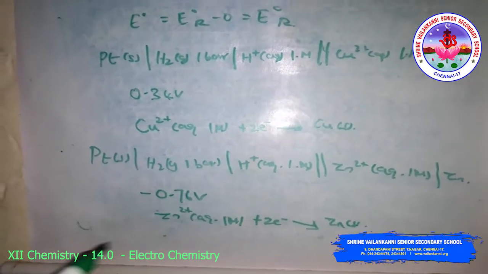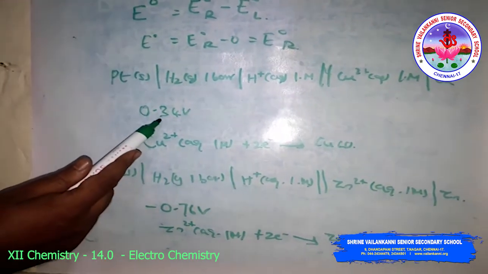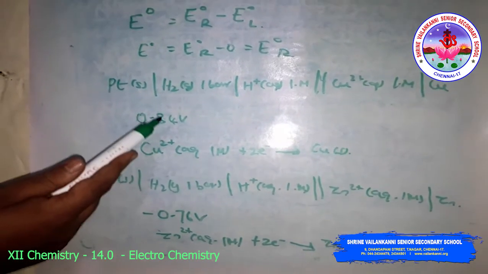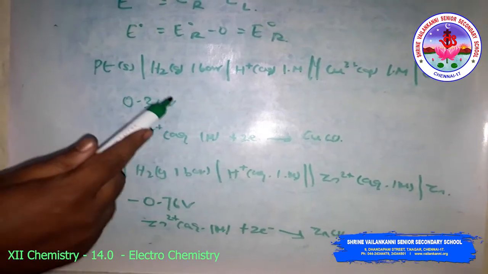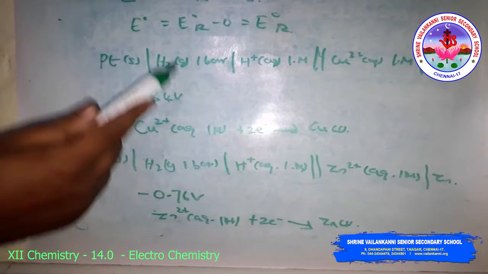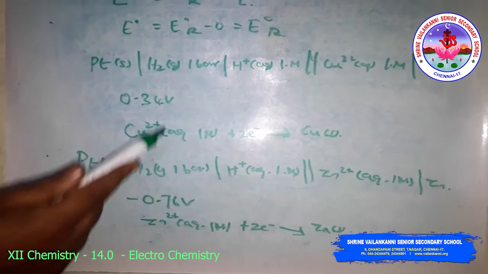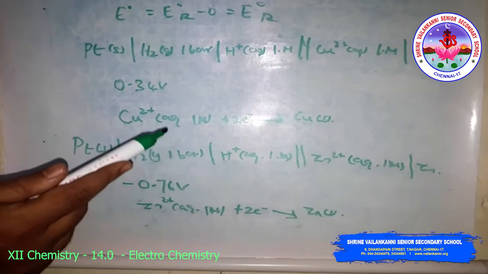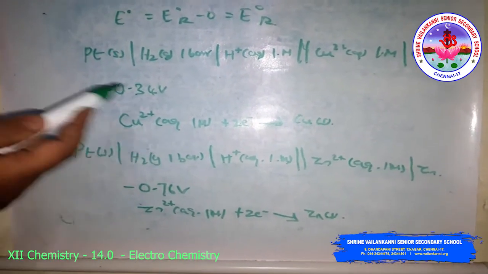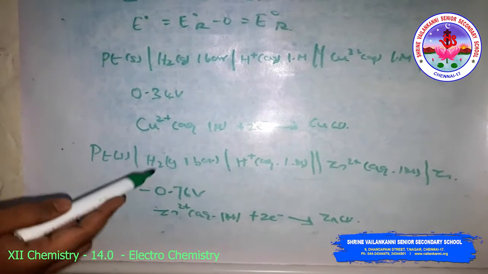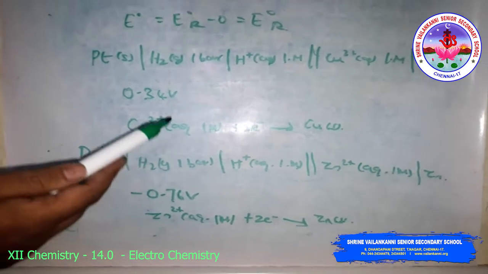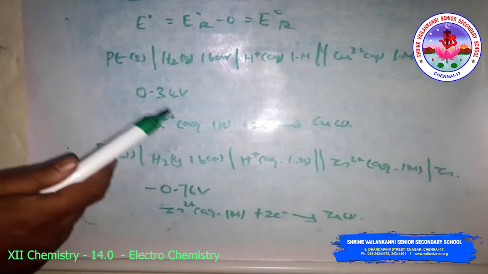Look at the positive value of the standard electrode potential in the first case: the Cu2+ ion gets reduced more easily than the H+ ion. The reverse process cannot occur, so hydrogen ion cannot oxidize copper under standard conditions.